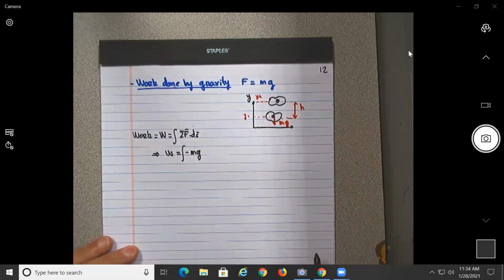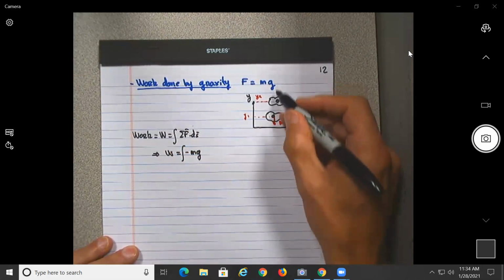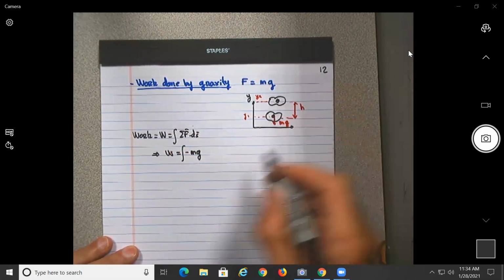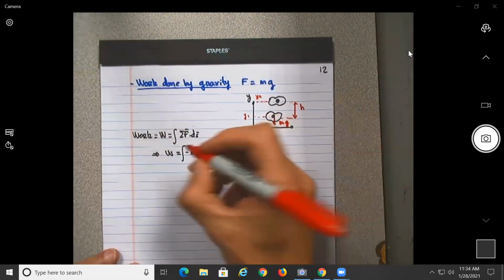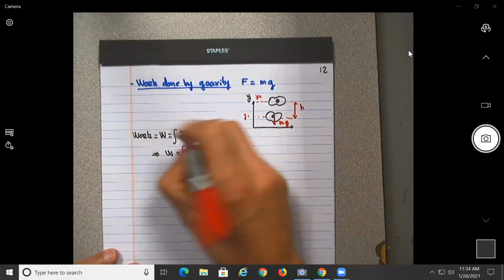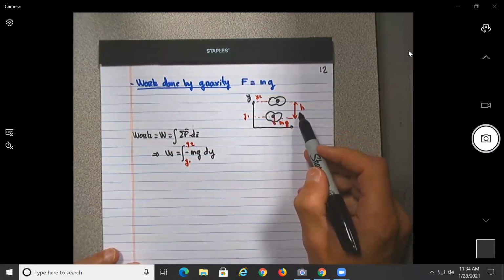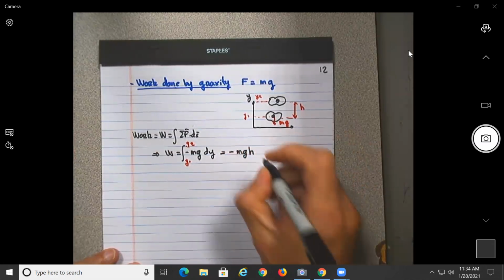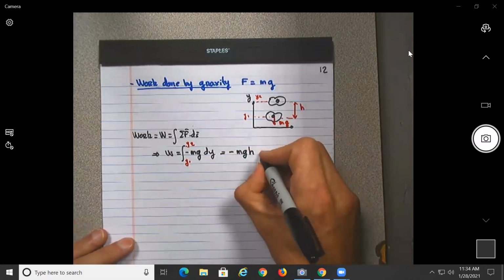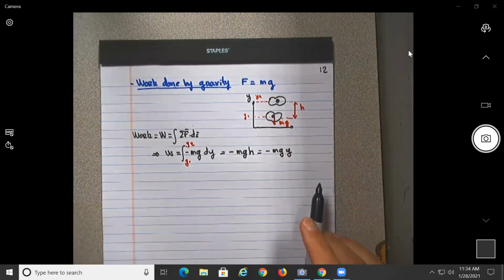We can integrate this, and here it is moving in what direction? Let's say this is just moving in one direction. The 1D would be in the y direction, no? So the variable here will be dy, and we integrate this between y1 and y2. But y2 minus y1 is just h, no? So if you do the integral of this, it should give you what? Minus mgh. Or if you want, to make it work, minus mgy, no? All right.